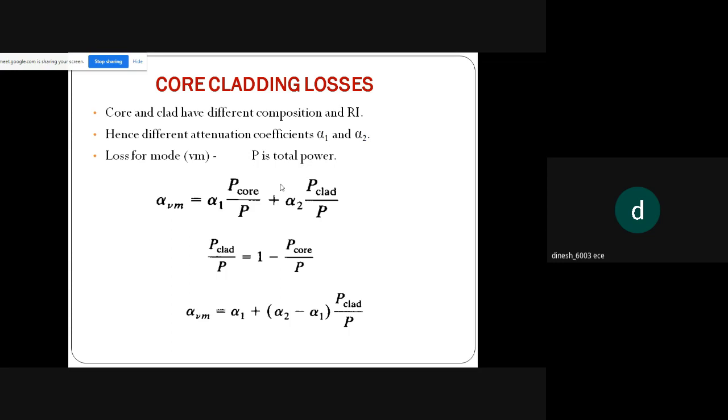The optical fiber is always made up of core and cladding. The core is the inner part where the optical wave is propagated. The core and cladding will always have different refractive indexes, such that total internal reflection occurs properly.